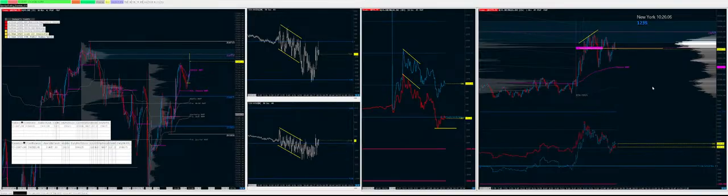Remember that we're watching the process of accumulation and distribution take place right before our eyes. So it takes a while for it to unfold sometimes, and you just got to be patient.